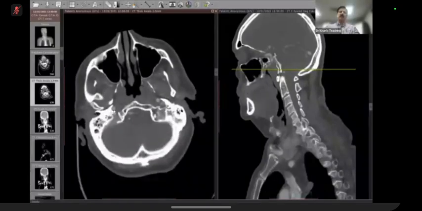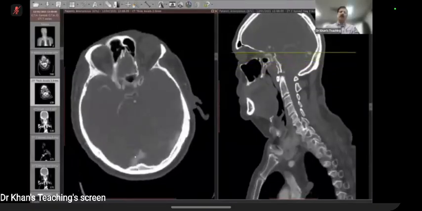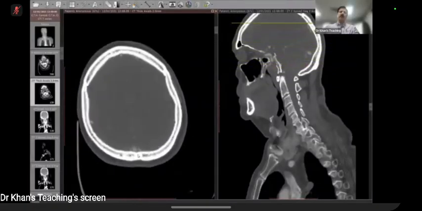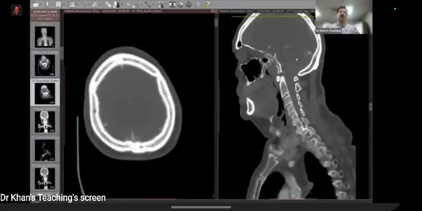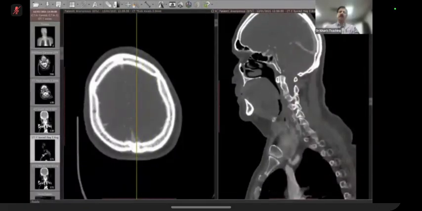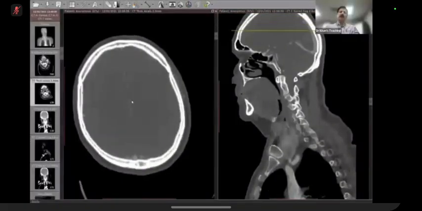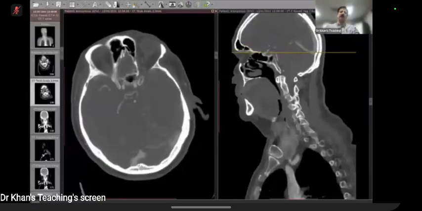Now, let's see the jugular foramen. So I am now, if you see here, I am going superiorly. So you can see that this is the superior sagittal sinus. And we are coming inferiorly. This is the superior sagittal sinus.